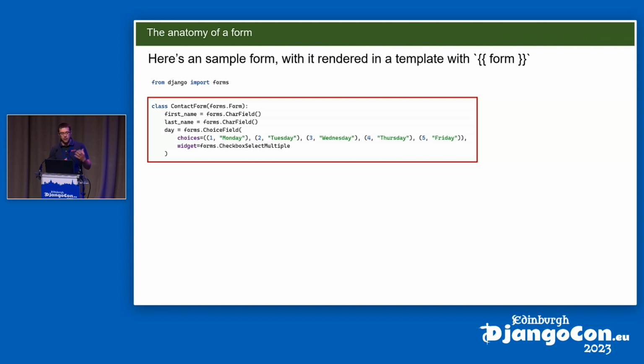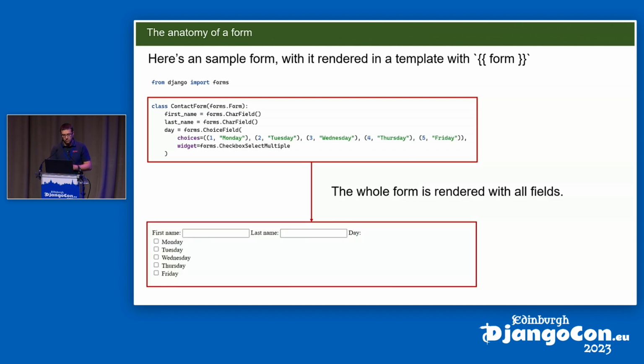We've got a first name and last name field, which are both character fields, and our day field, which is a choice field. If we just call string on that form, it'll be rendered in a template, and we'll get the whole form, including all the fields and all the inputs and all the widgets.